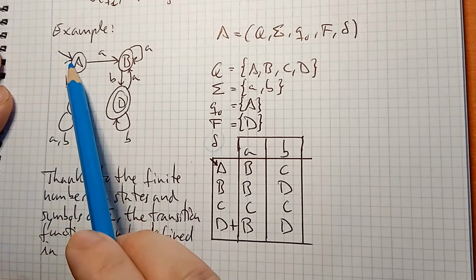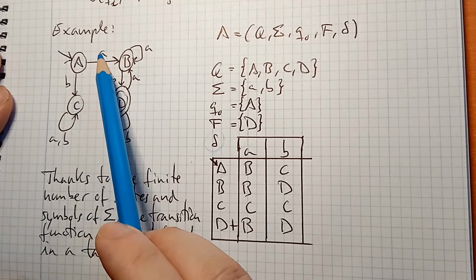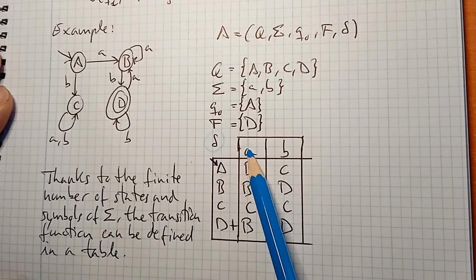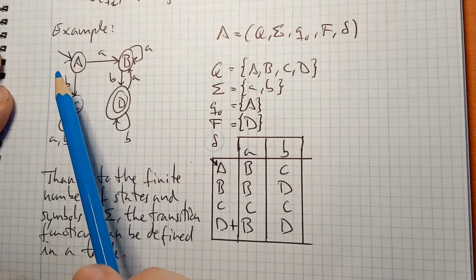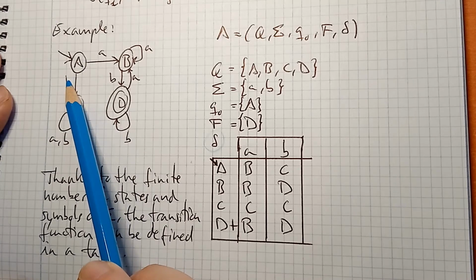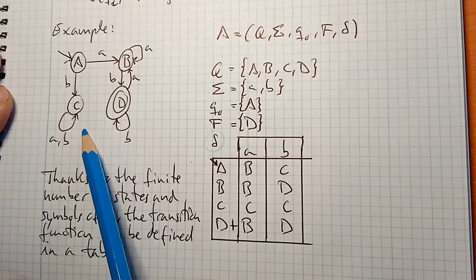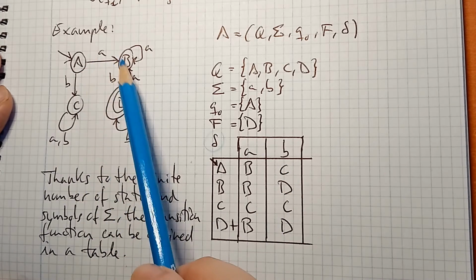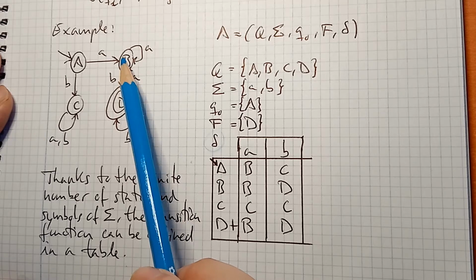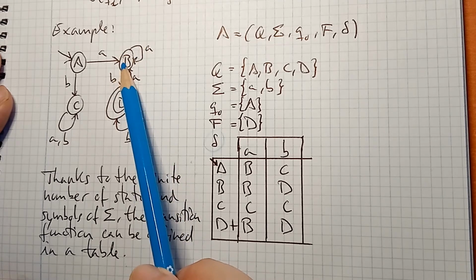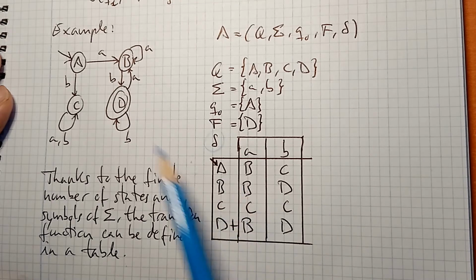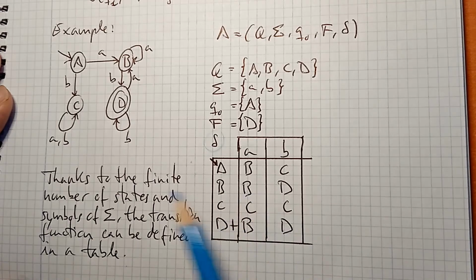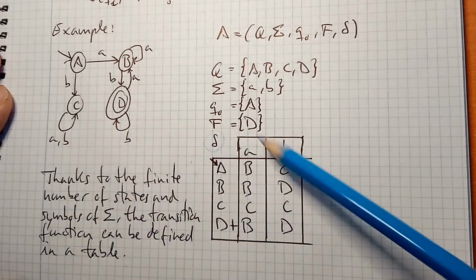Given an A in state A, we go to B. If we have as input a B, we go to C. If we are in B and we get an A, we remain in B. If we get a B, we go to D.